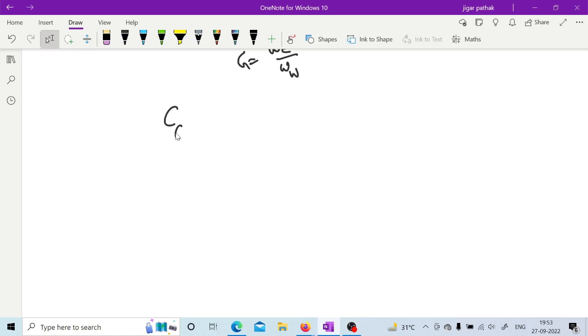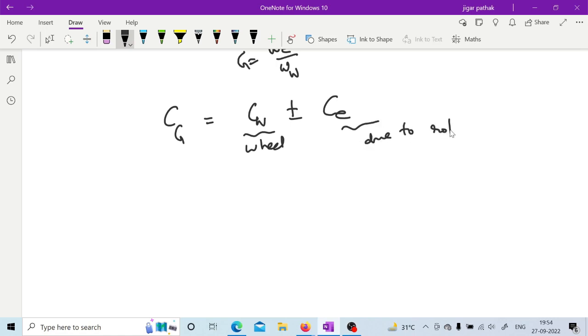So if you combine them, Cg will be Cw plus or minus Ce. Cw is due to the wheel and Ce is due to the rotating parts of the engine. Right, so this is how you have the final gyroscopic couple.